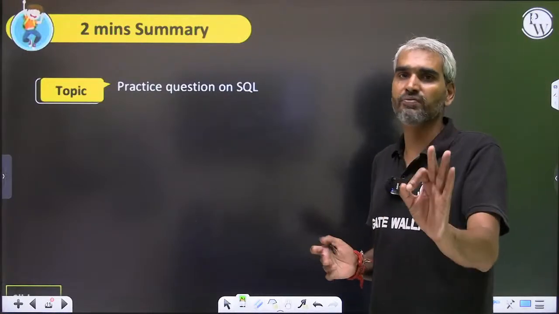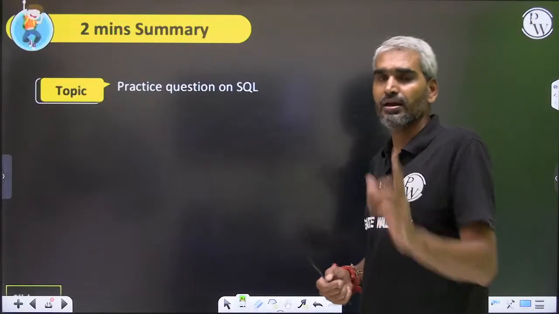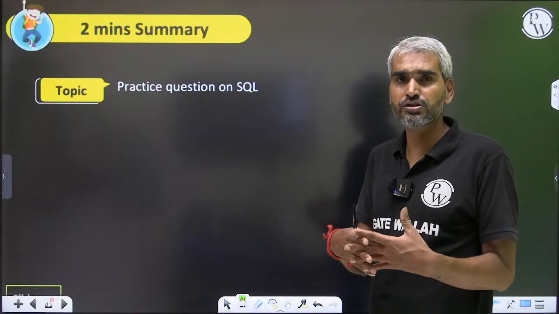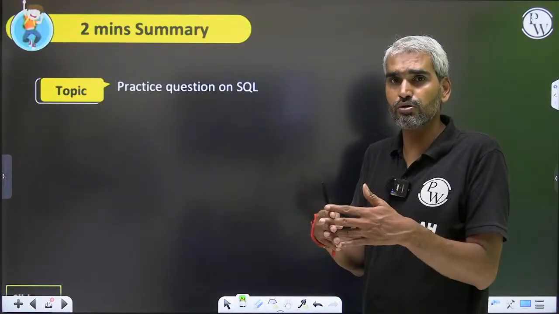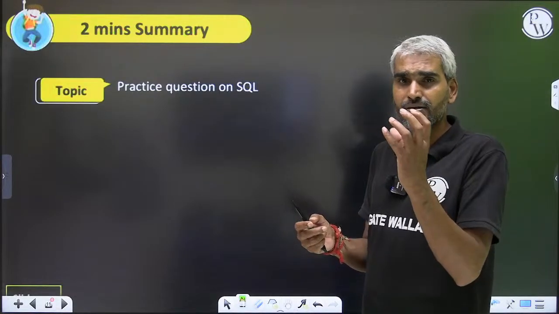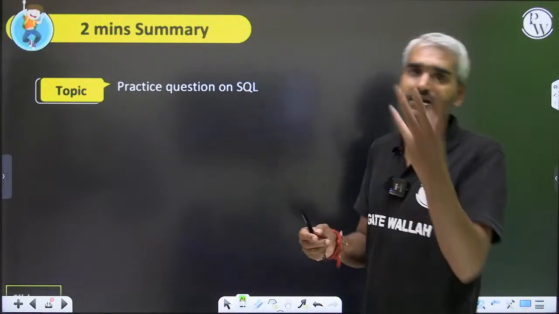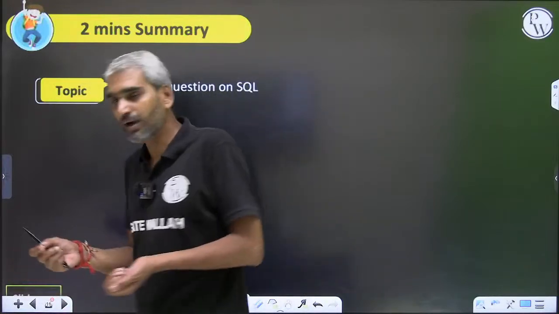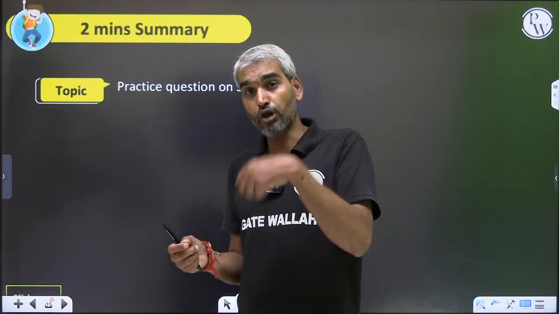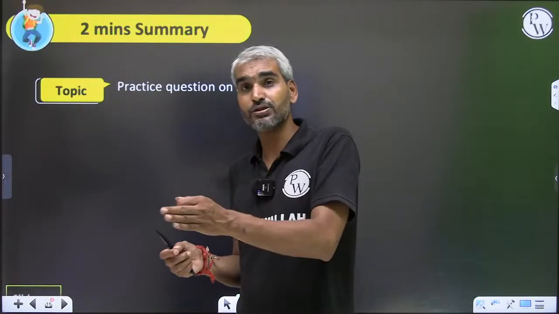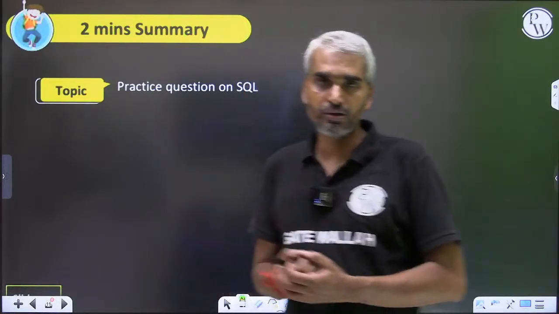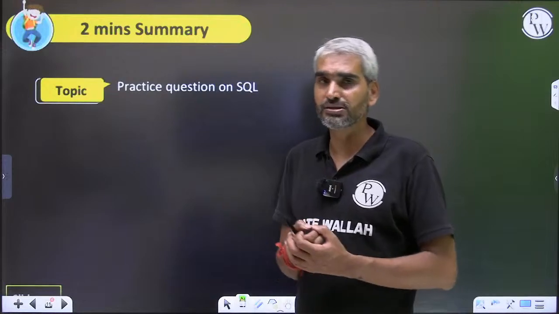I've discussed two different topics: one is relational algebra, another is SQL. In tomorrow's session, I'll include questions related to both SQL as well as relational algebra. These questions have been asked in the GATE exam, and they require the knowledge of both topics to give the right answer. I'll include those types of questions in tomorrow's session.